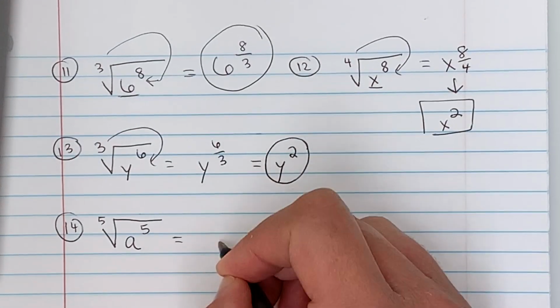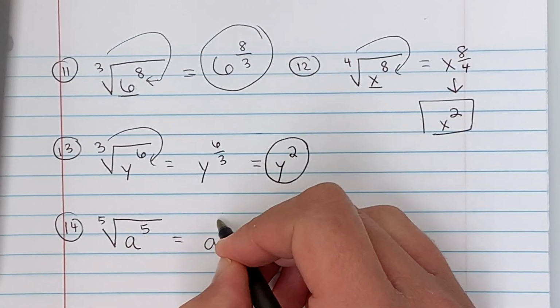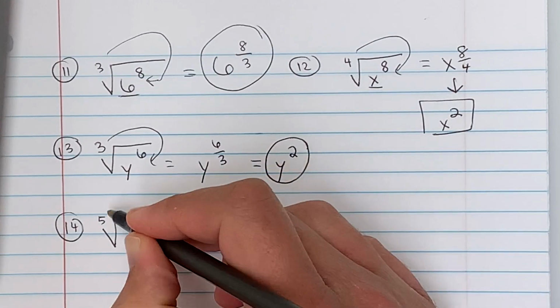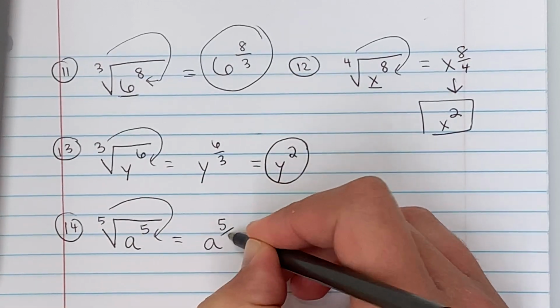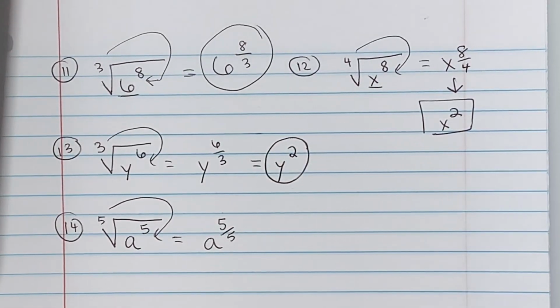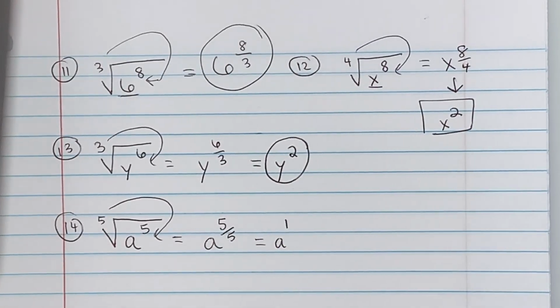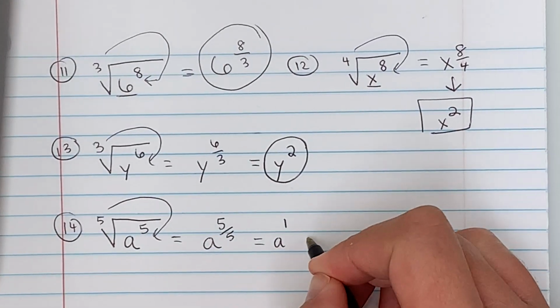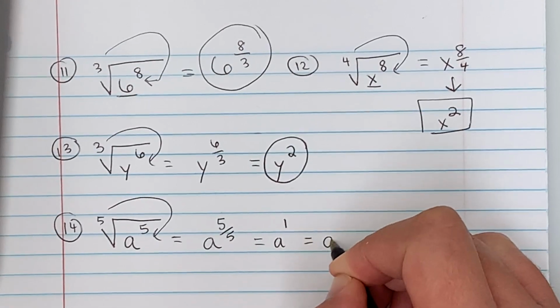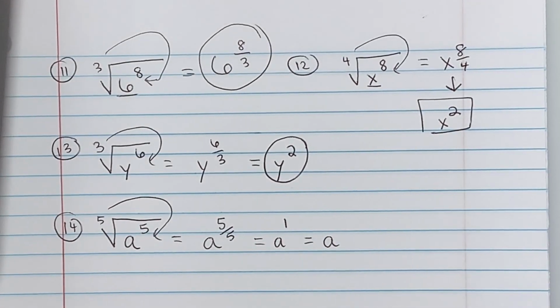So this equals, I'm gonna bring the a down. I'm gonna bring that 5 down. That 5 is gonna come around and under. We're gonna get a to the 5/5. Well, anything over itself is just 1, right? So that equals a to the 1. And honestly, anything's always to the 1 power, so I can just write a. A to the 1 is the same thing as just plain old a.